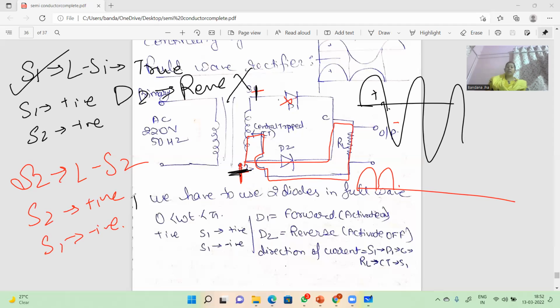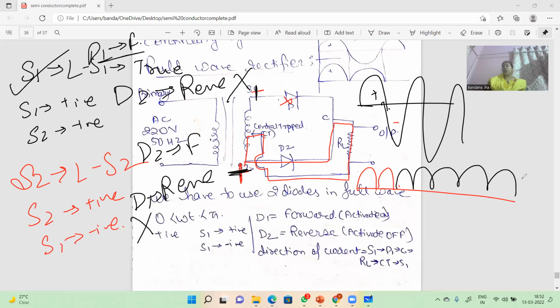And here D1 is reverse bias, so negligible. And D2 is forward bias, and here D1 is forward bias. Understood? Because of that reason, the continuity of current will flow. In this way, you have completed this chapter.